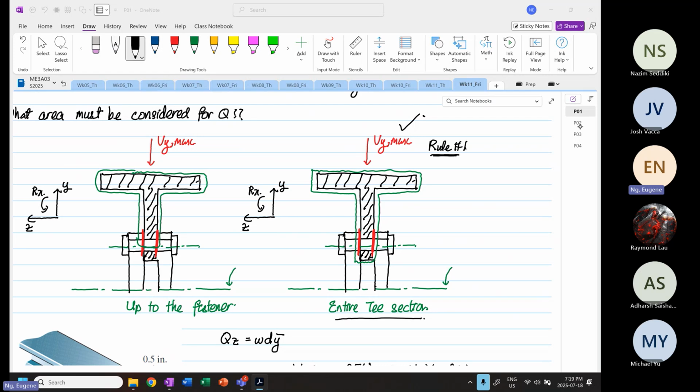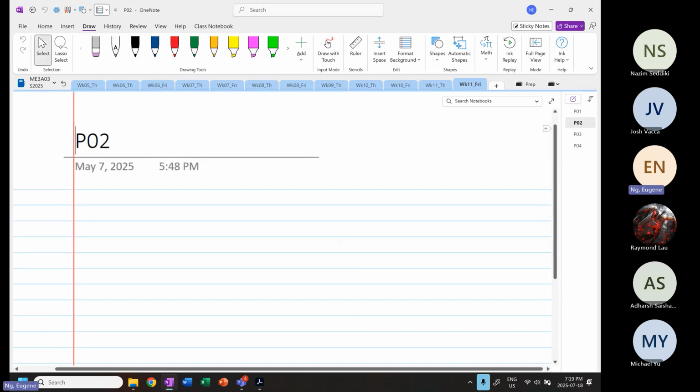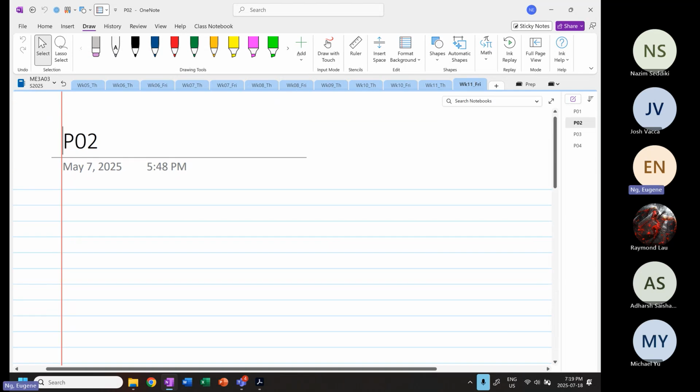So this is from the homework. So example number 2. I need to check, does anyone have any question? Okay, I have no questions. So this is straight out from the homework.